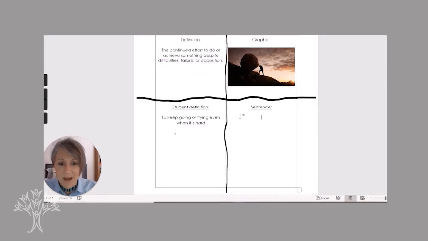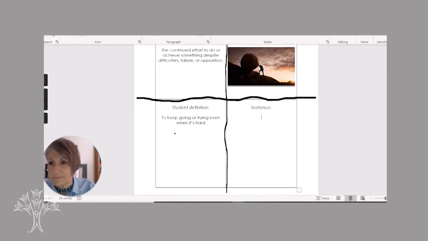So the last box says sentence, and that's where we include a sentence using that word perseverance to help us remember what it means. So I'm going to add this sentence now.